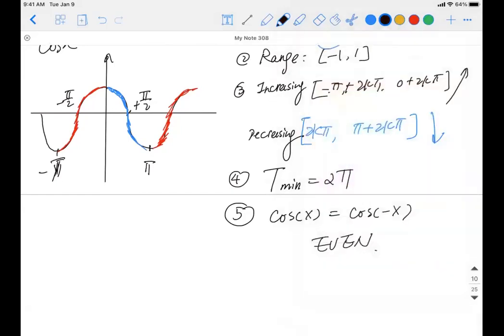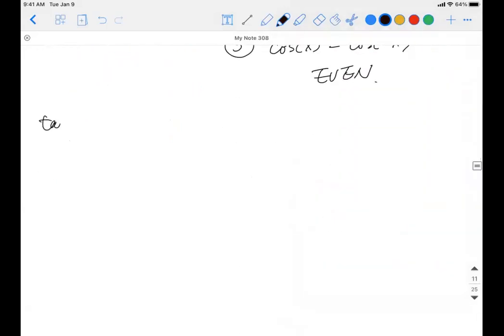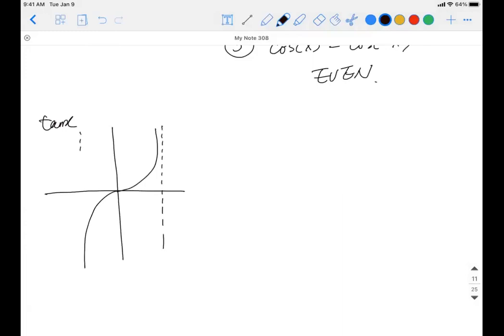So let's go to the third one, tangent x. Tangent x goes like this. This is pi over 2, minus pi over 2. Number one, domain.